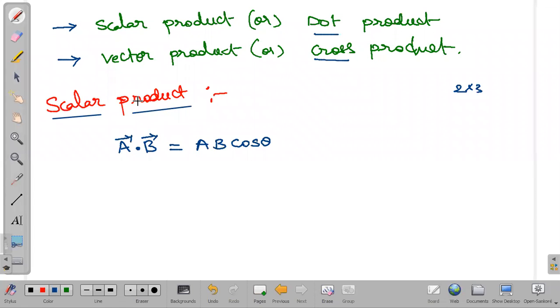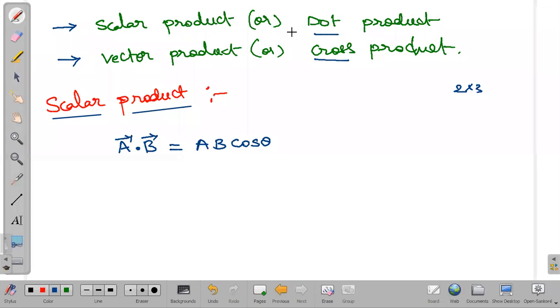If it is a scalar product, we will take the cosine of the angle. As per the definition, scalar product or dot product of two vectors can be taken as the product of the magnitudes of the two given vectors and the cosine of the angle between them.